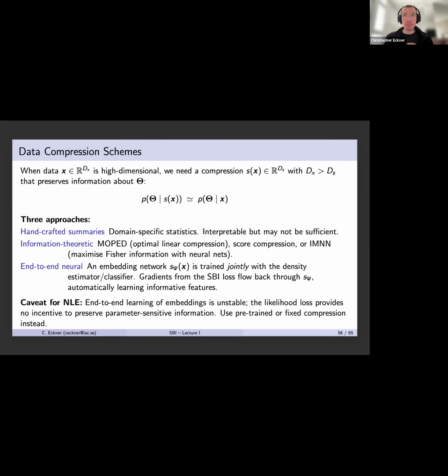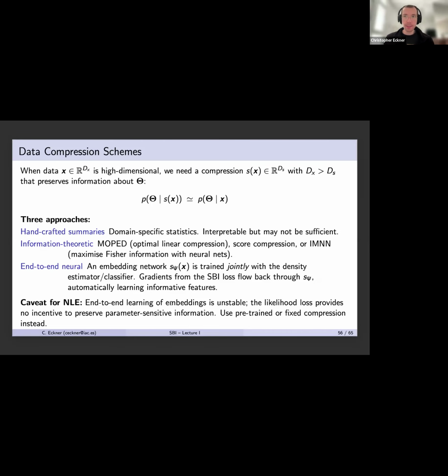So what you can do, and what people have done in the past, even with this approximate Bayesian computation scheme, is to use handcrafted summaries. They are domain specific and they are interpretable. Just one example, as I've spoken about cosmology: if you have a simulation of the large-scale structure of the universe, so basically the density of matter in the universe in a certain snapshot, then you can use the matter power spectrum, so the two-point correlation function of different points in your density field, as a handcrafted summary statistic.